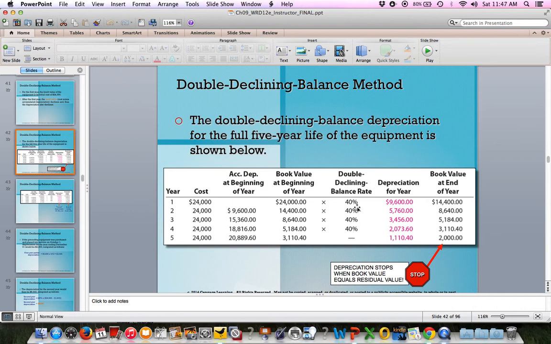Then in year two, I just basically go, okay, 14,400 times 40%, 5,760, and so on. Just keep following that pattern until I get down to the fifth year, and I cannot depreciate past residual value. So basically in that last year, we just have to take into account what's my residual value, knowing that I cannot depreciate more than that.